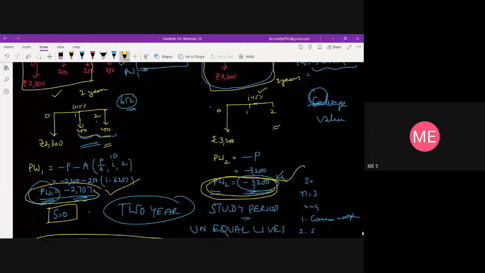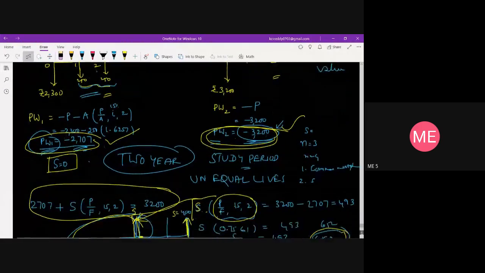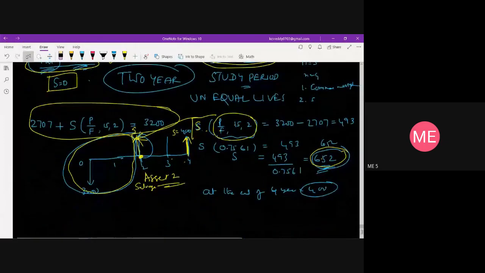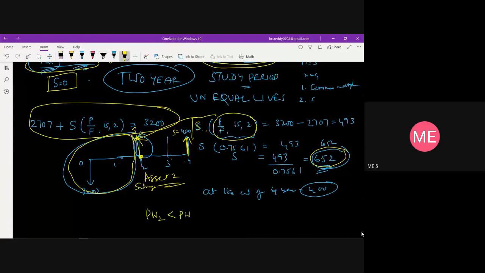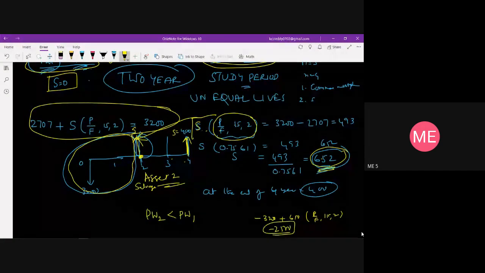But if you take the salvage value into consideration, then the equation changes, and the present worth of the second asset will be lesser than that of asset 1 because we are taking into consideration the salvage value at the end of the second year. The calculation is minus 3200 plus 650 into P by F comma 15 comma 2. If you calculate, I'll get something around minus 2500 or so.